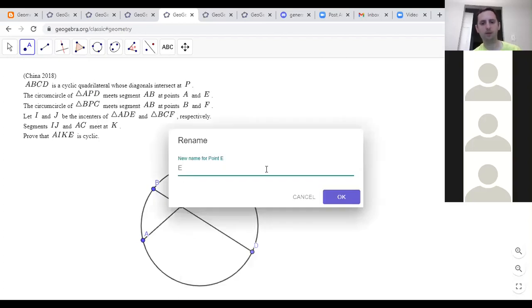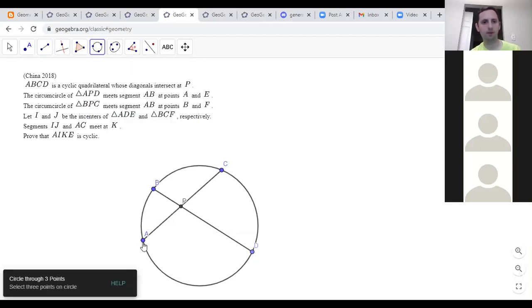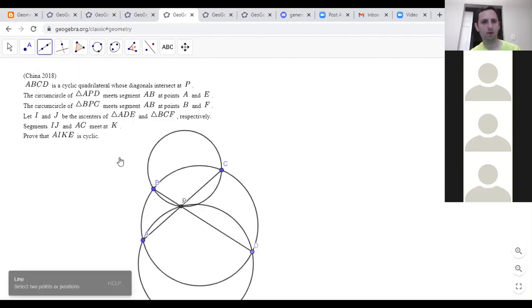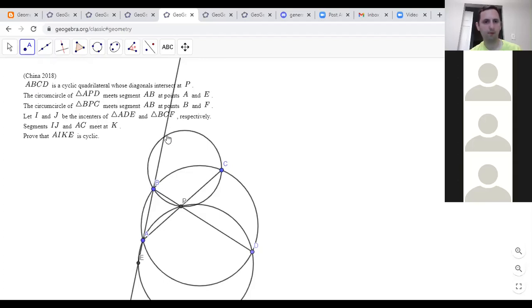So we'll call that P. And then the circumcircle of APD. So we draw APD and BPC, and we see where they meet AB. So this should be E. That should be F.